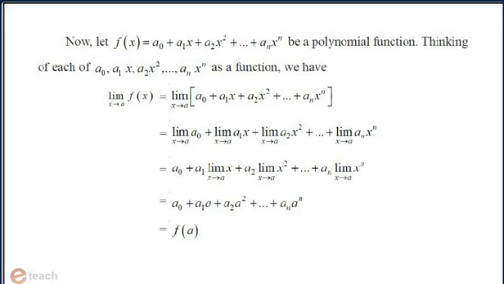Now this is equal to a0 plus a1 limit x tending to a x plus a2 limit x tending to a x square up to an limit x tending to a x to the power n. This can be written as a0 plus a1a plus a2a square up to an a raised to the power n. Now this is equal to f(a).